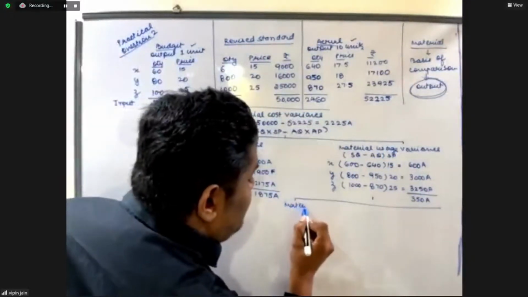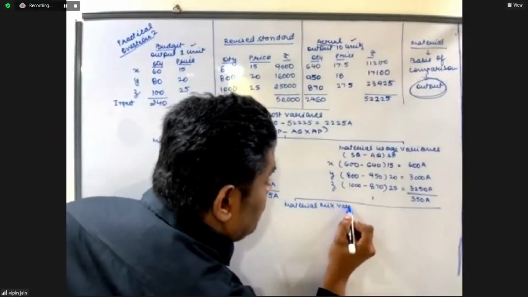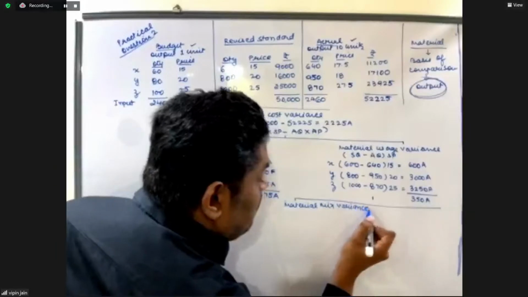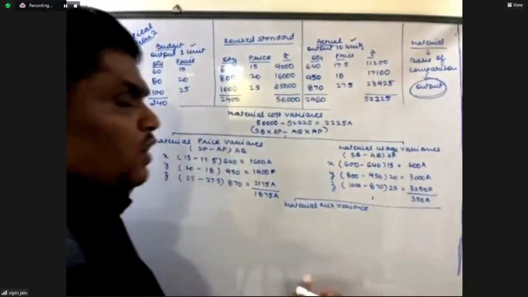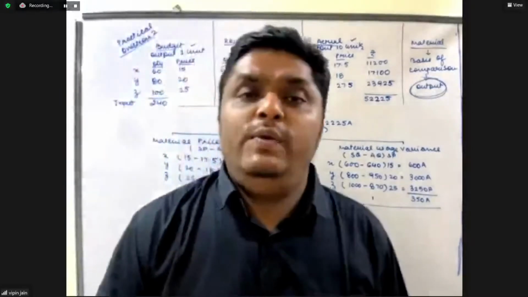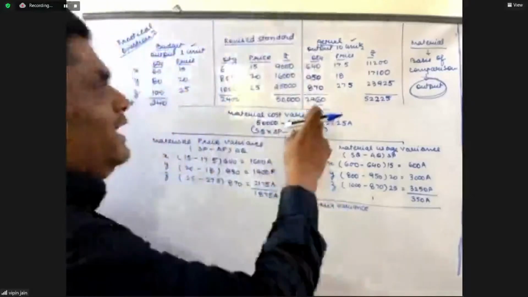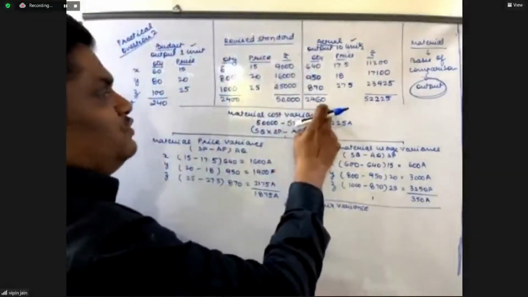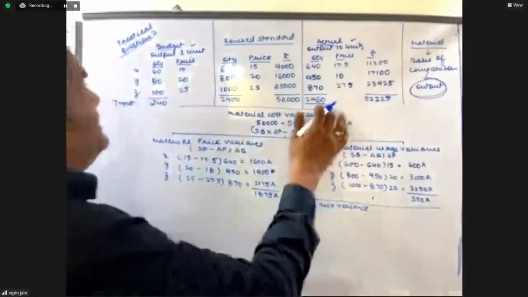Next is material mix variance. So now to calculate the material mix variance, we use the actual input. So here my actual input is 2460.